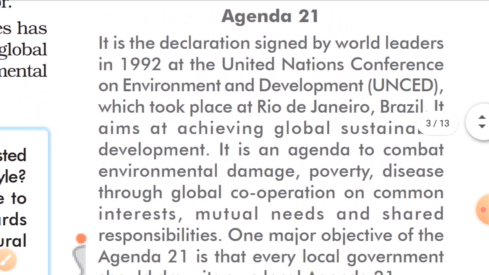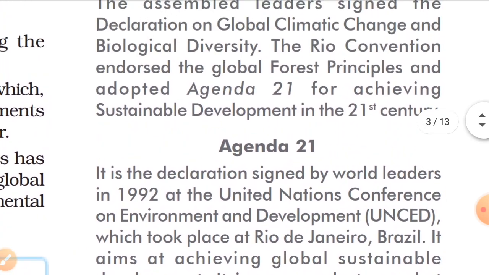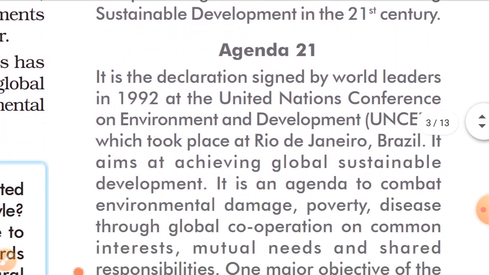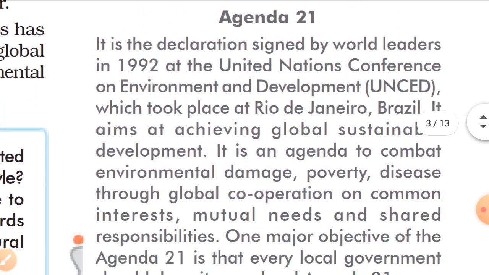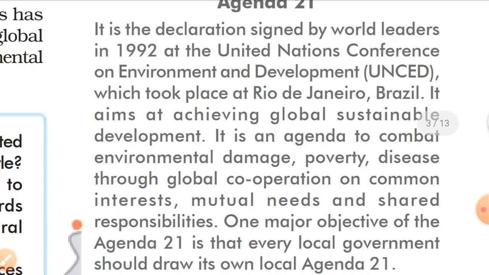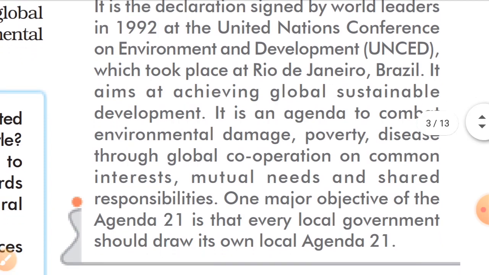Now, what is that Agenda 21 that they have signed or adopted? It is the declaration signed by the world leaders in 1992 at the United Nations Conference on Environment and Development, UNCED. Remember it also, okay guys, which took place at Rio de Janeiro, Brazil. It aims at achieving global sustainable development.